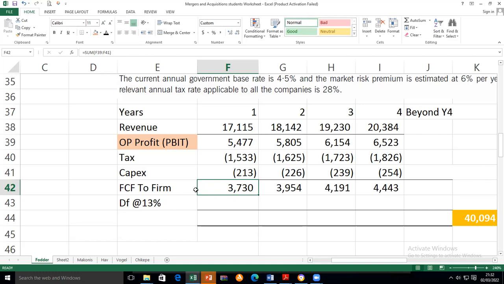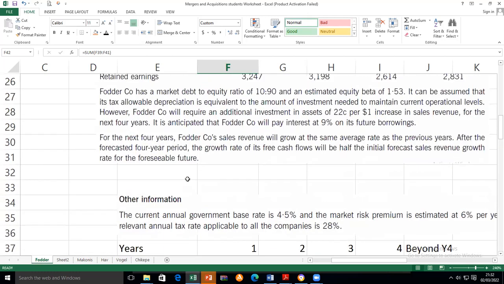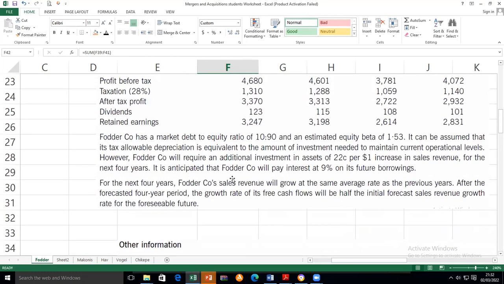So the question says, please, can you calculate the weighted average cost of capital? Now, for you to calculate weighted average cost of capital, you need the cost of equity, cost of debt, and also the capital structure. You need the three things.